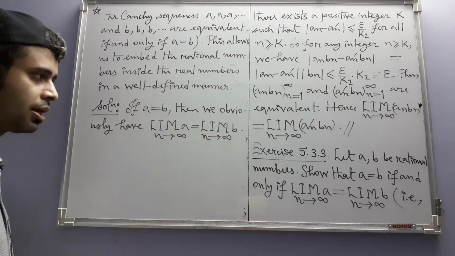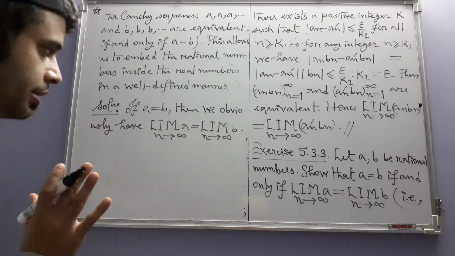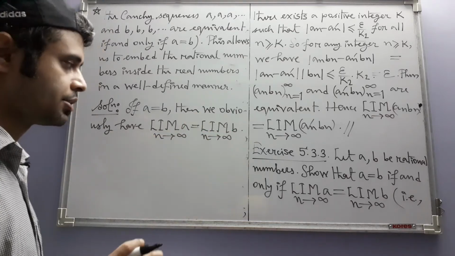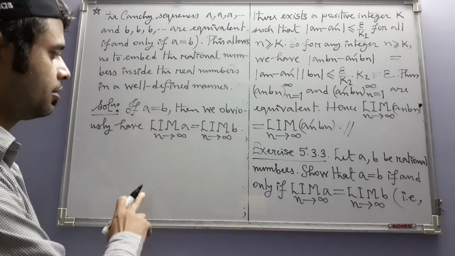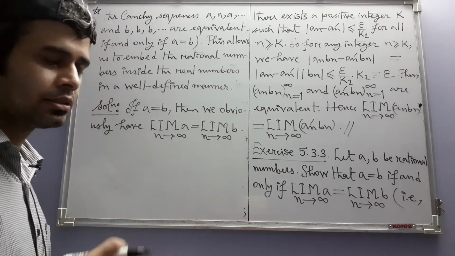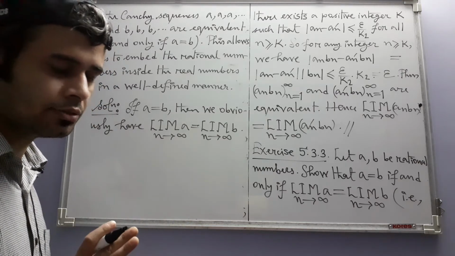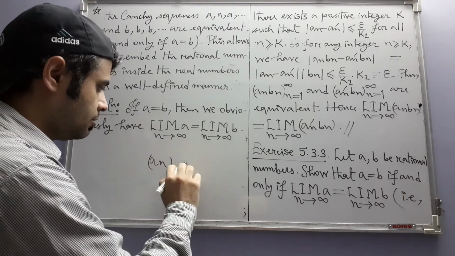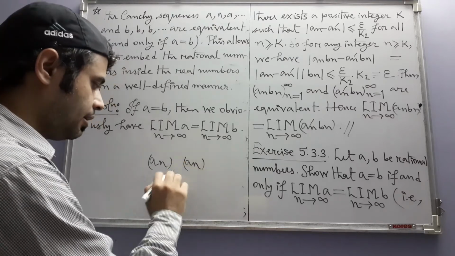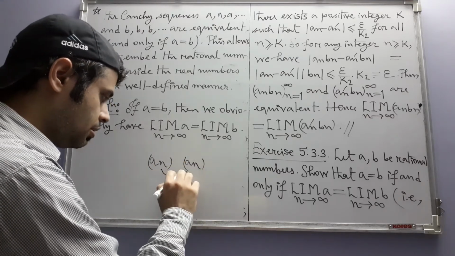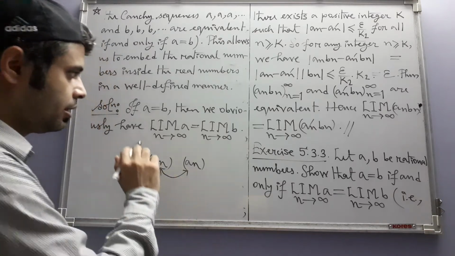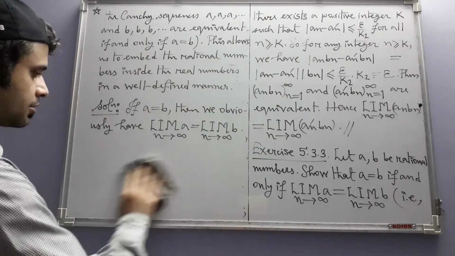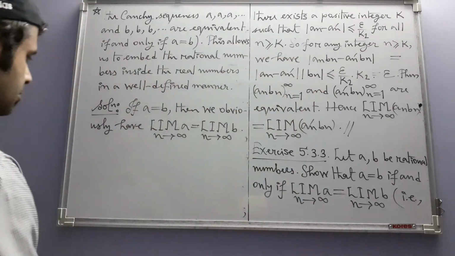So their formal limits will also be same. And why is that so? Note that it's not simply because they are the same sequence, but actually because the equivalence of two sequences is a reflexive relation. So if you have a Cauchy sequence AN and another Cauchy sequence the same AN, then since they are equivalent, their formal limits are equal by the definition of equality of real numbers. So this part is obvious.